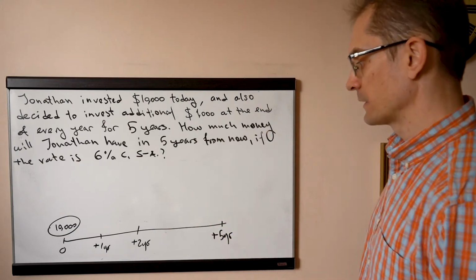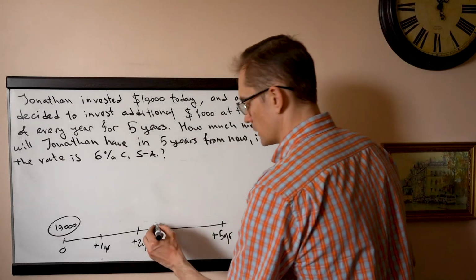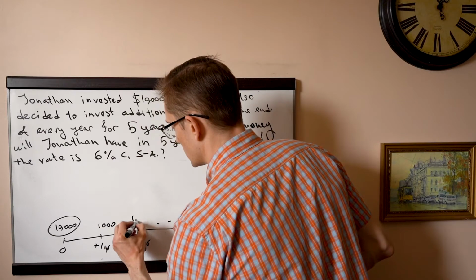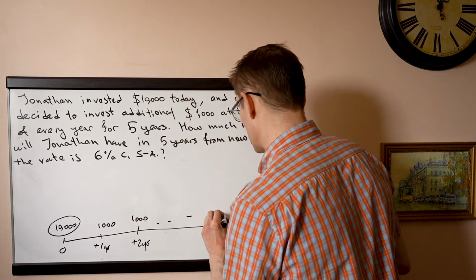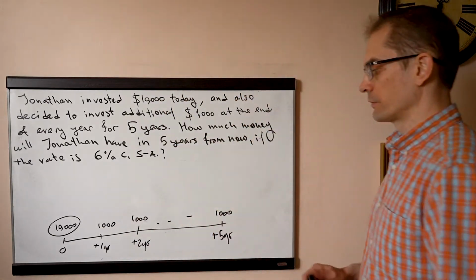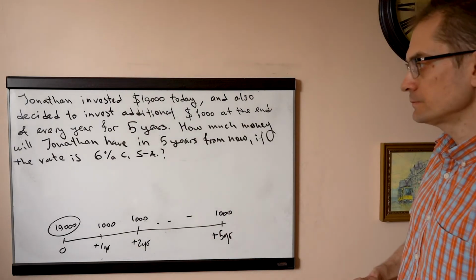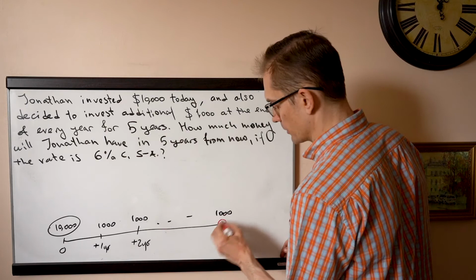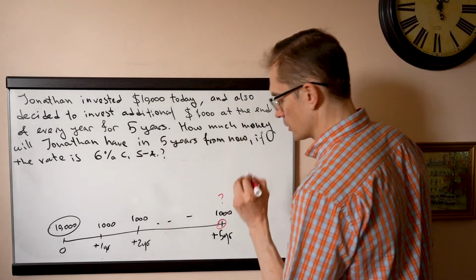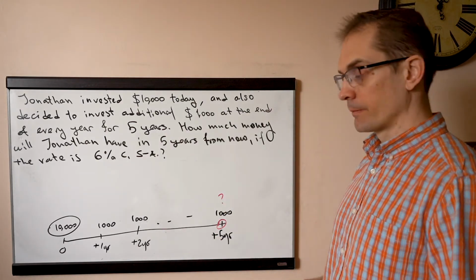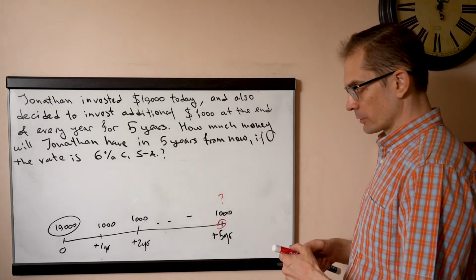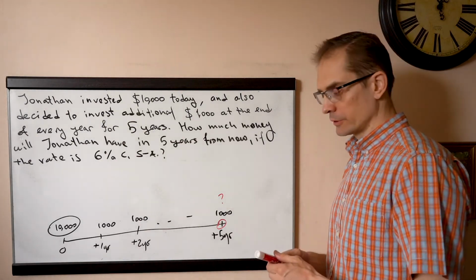On top of that, Jonathan also will invest $1,000 at the end of every year. So the question is, at this moment, how much money will Jonathan accumulate? Okay, so what is important to realize here is 2 things are going on in this problem.